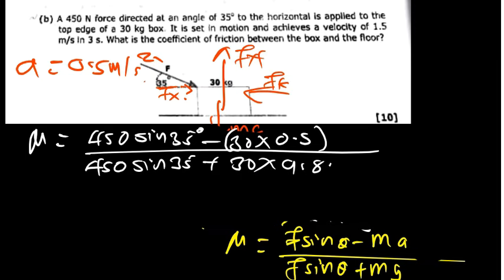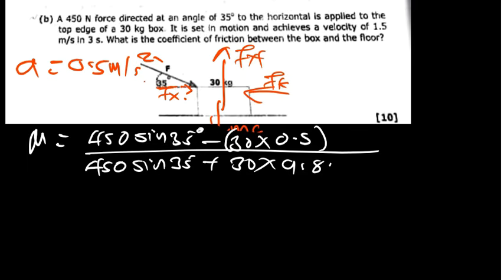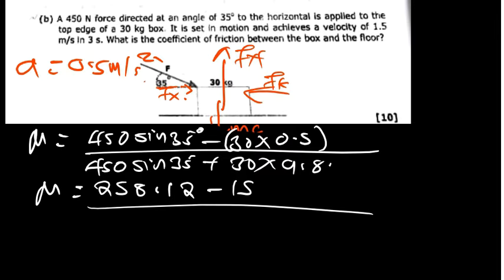As simple as that. Let's see the answer which we're going to get. On top there we're going to have 450 sine 35. So this is giving me 258.12 minus, what is 30 times 0.5? So this is giving me 15. So I'll divide this by 450.